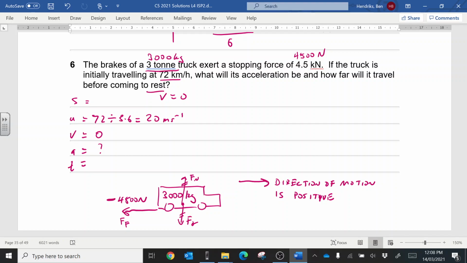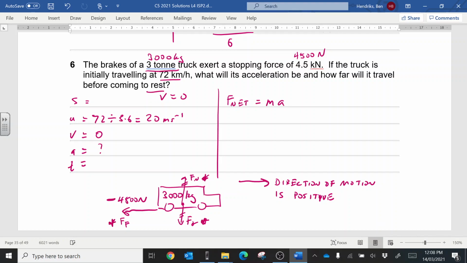Alright, so what will its acceleration be, and how far will it travel before coming to rest? Before we find its displacement, we need to find its acceleration. Do we have a time? We don't have time. That's okay. So F net equals ma. Like I said before, these forces will just cancel out, so the only force we have to worry about is this one.